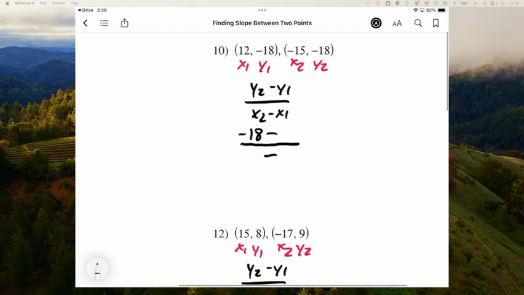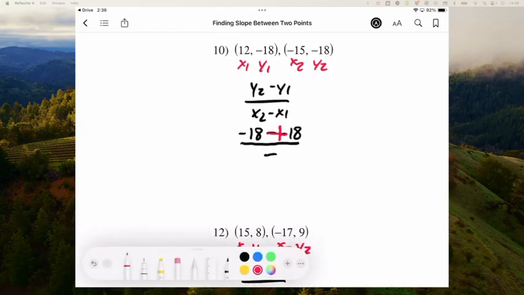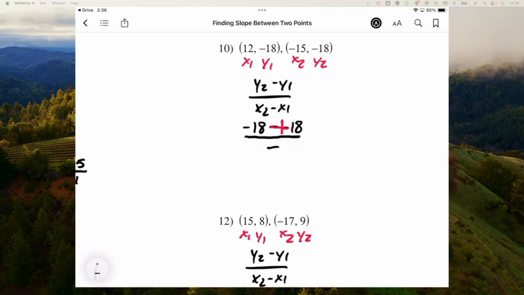Negative 18 minus negative 18. This is going to be plus. Negative 15 minus 12. We would have 0 over negative 27. First of all, I don't like the negative in the denominator, so I will address that. It's kind of weird to have a negative 0, but beats having the negative in the denominator.